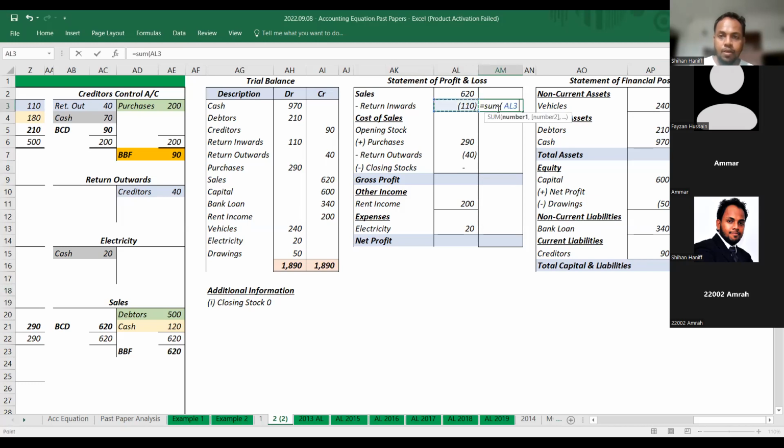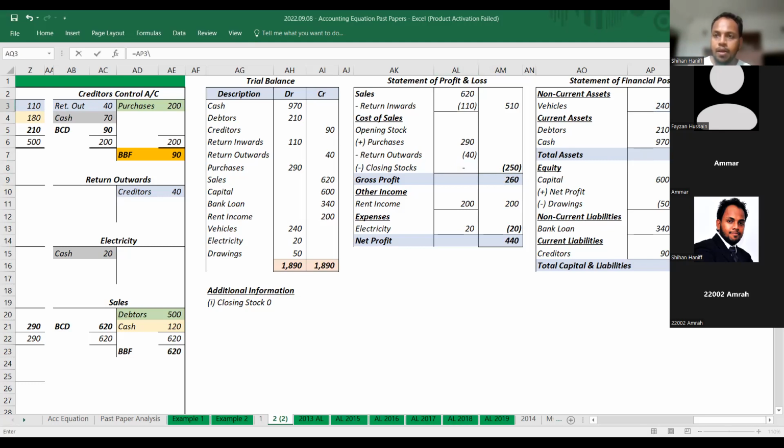So if we calculate the gross profit, it is 760. Net profit is 440. Net profit is 440. Very good.